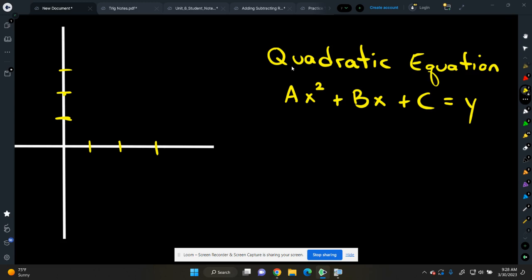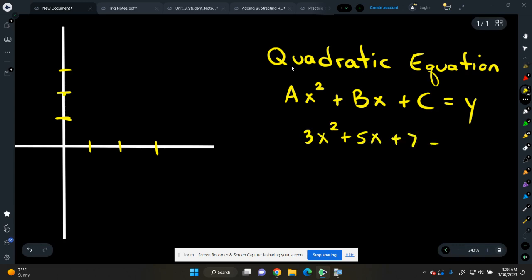Okay? So sometimes it'll vary. Like if that b is a 0, you might see something more like 3x squared plus 5x plus 7 equals 0. You might see something like 4x squared minus 9 equals 0.